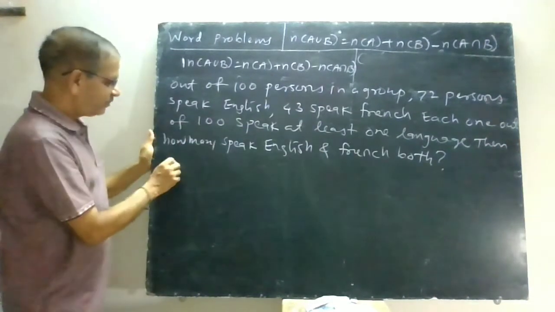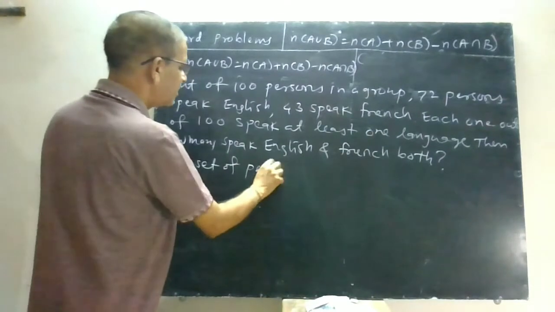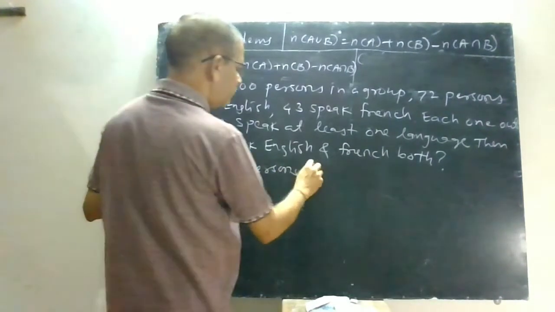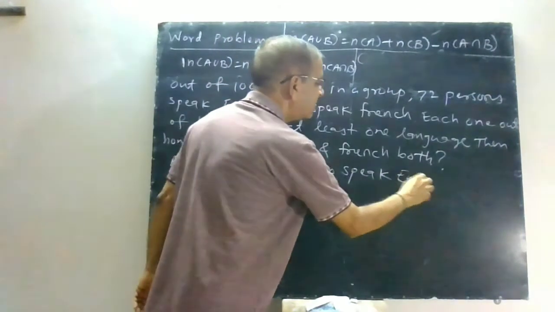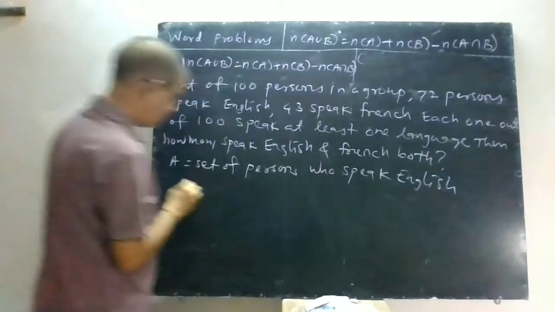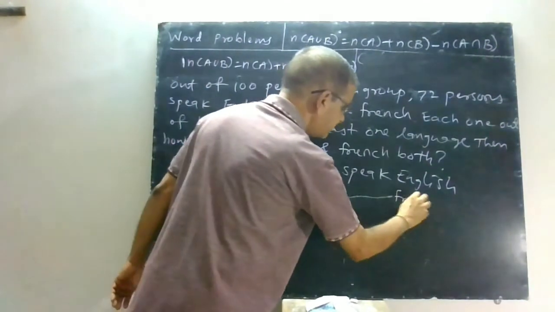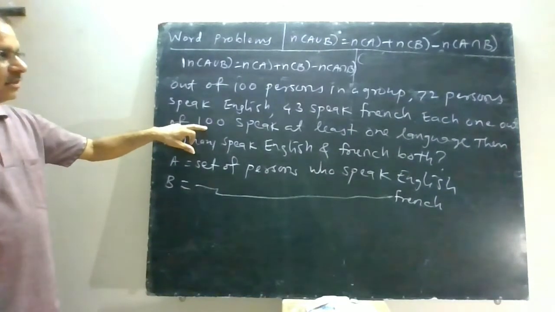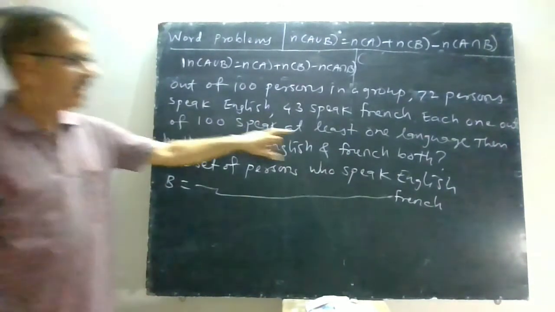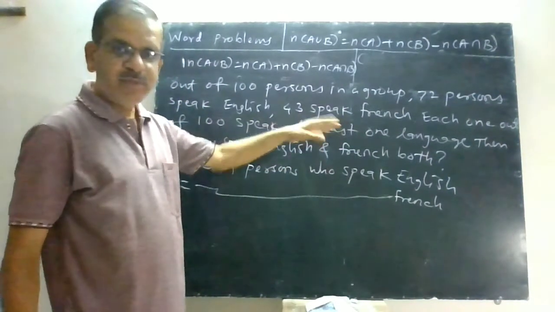So now suppose A is the set of persons who speak English. Now take B as the set of persons who speak French, and as each one of these 100 speak at least one of the languages, that means there is no person who is speaking neither of these languages.